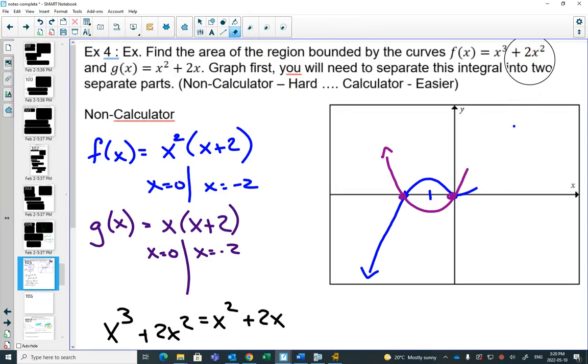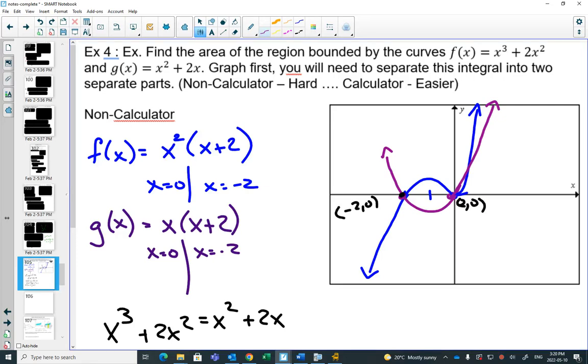I'm going to fix this up on this side just to make it prettier. Apparently this blue part sharply goes up, and the purple one not so much. So we have these points. They intersect at (-2, 0), (0, 0), and then here at (1, 3).